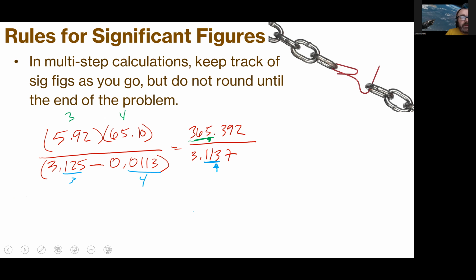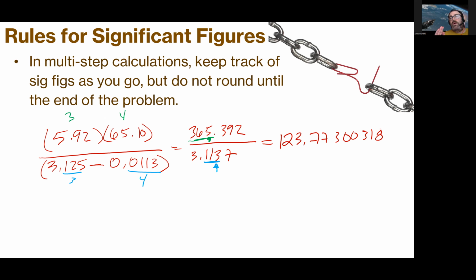Now we can take the top and divide it by the bottom: 385.92 divided by 3.1137. My calculator gives 123.77300318.